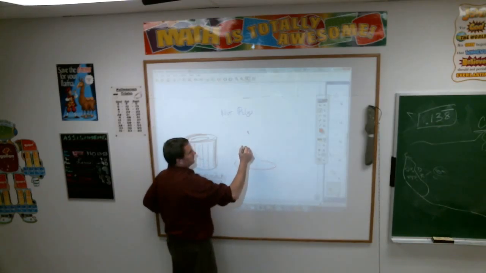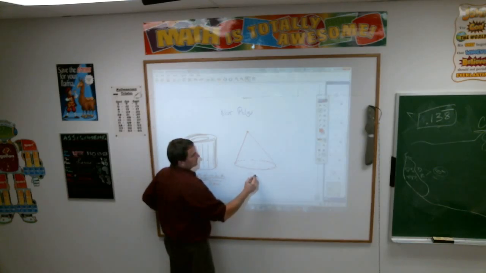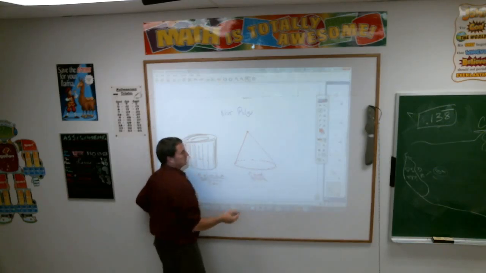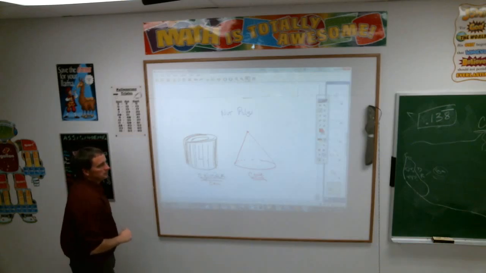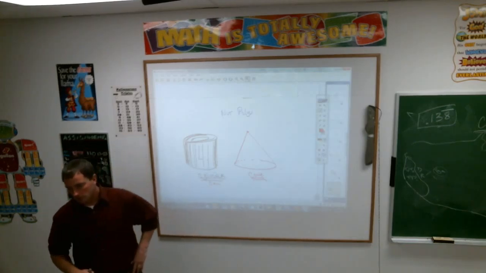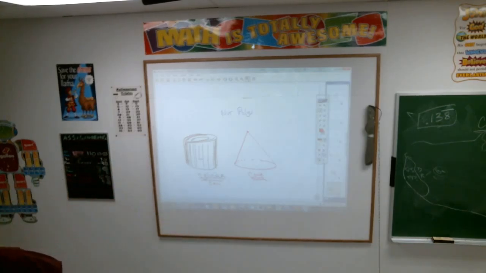A cylinder that comes to a point, like we did over there, that was a pyramid, though, is called a cone. Cylinder that comes to a point is called a cone. Oh, it's called a right circular cone, I guess.